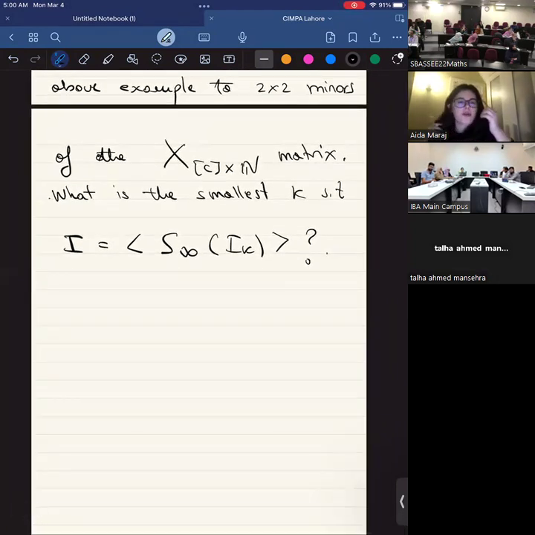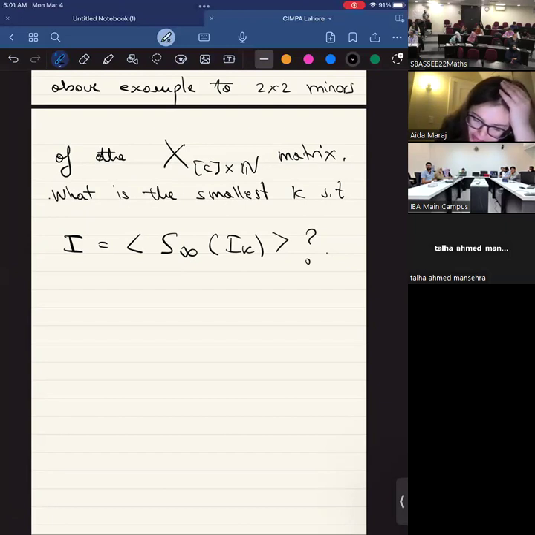Okay, so the question that was mentioned before is a good question, because it sends us to a fundamental notion in this area called the filtration. So, definition.